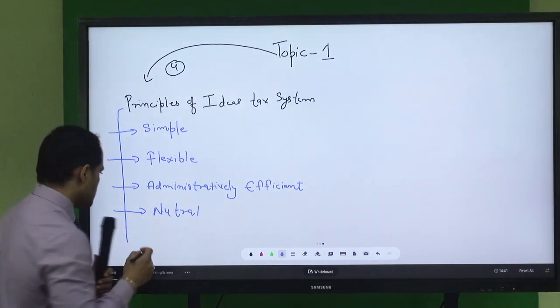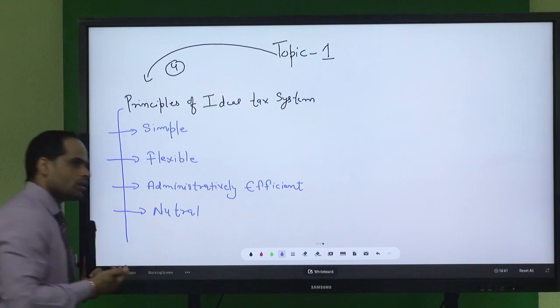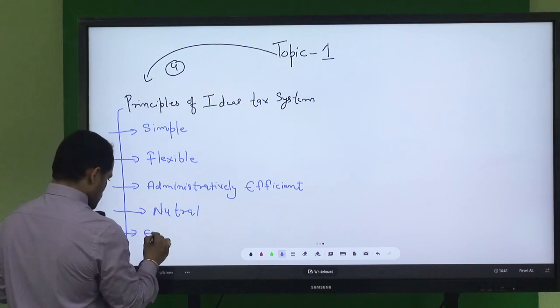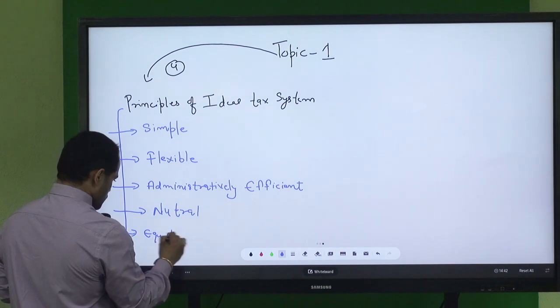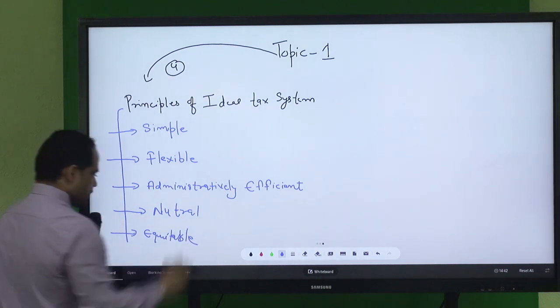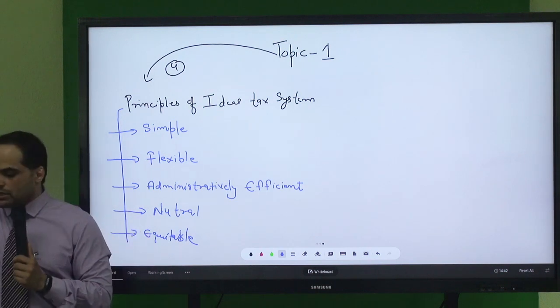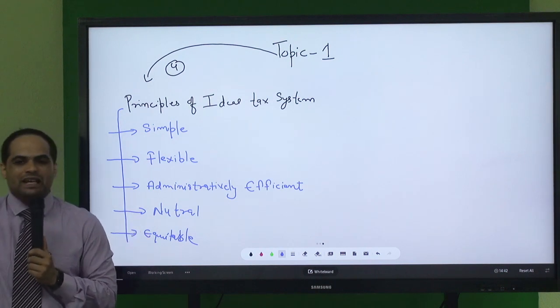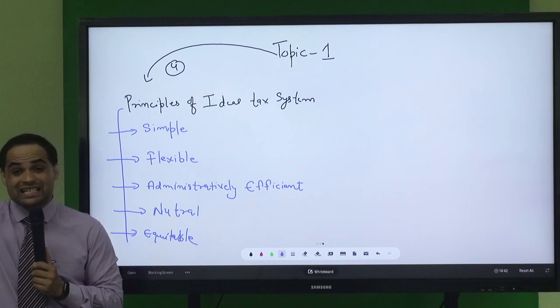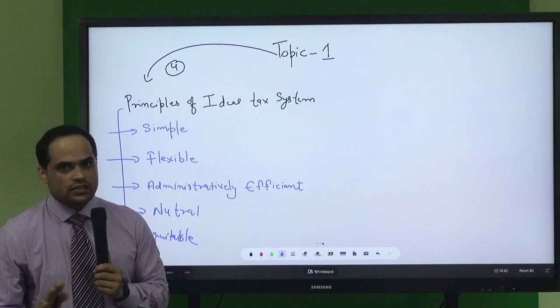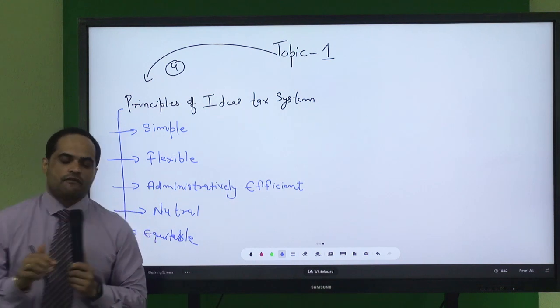Next one also relates to neutral. Next is equitable. In simple words, it should be equal for everybody. But equal doesn't mean a proportional tax system. It means it should be fair.